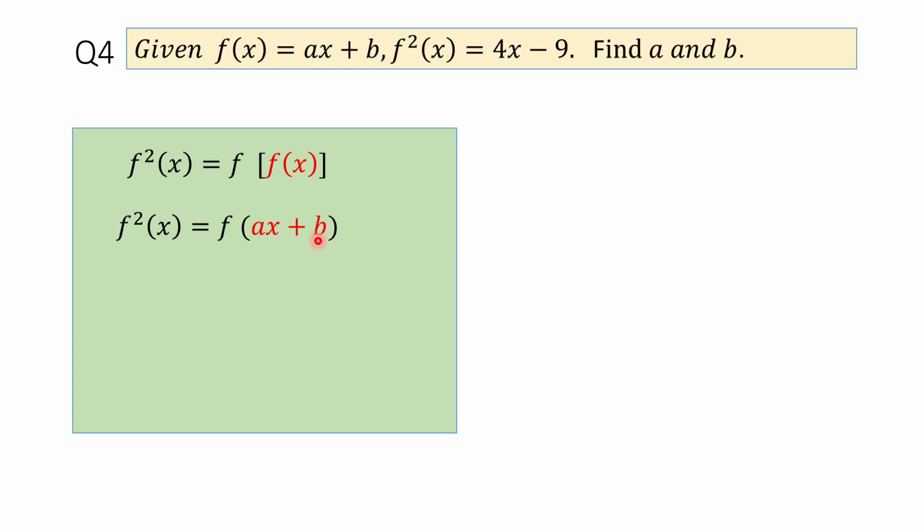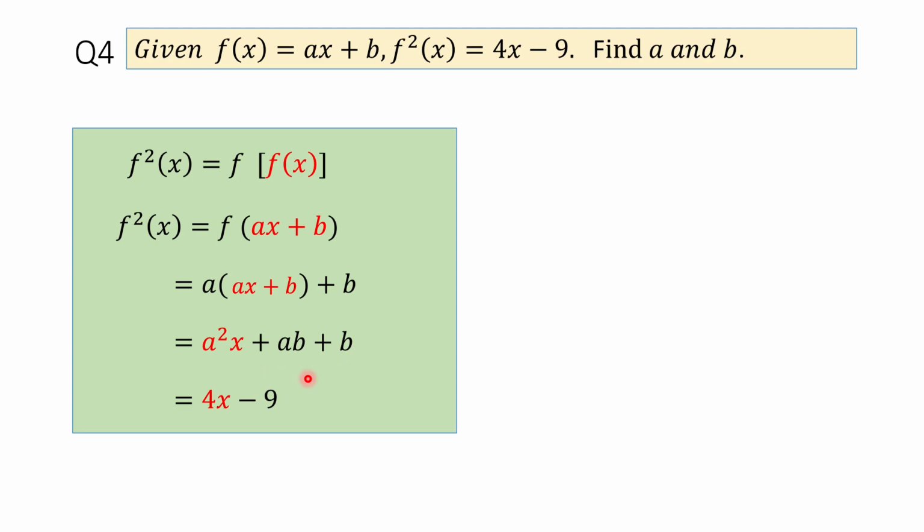Now you have to prepare empty bracket, so that will be a, change the x as empty bracket, plus b. Substitute the object, expand. And you compare with the given f squared x. So you have to compare the x terms and the terms without x.